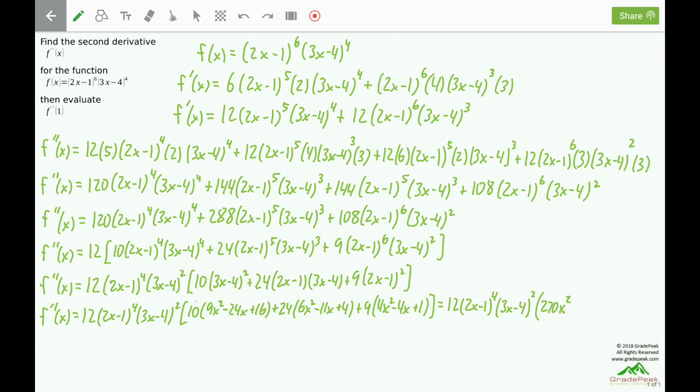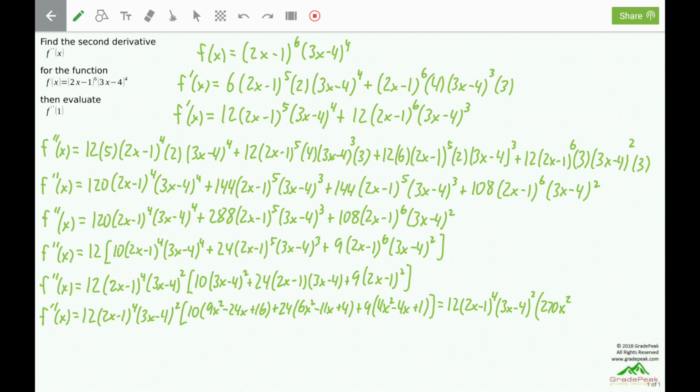We have a 10 times negative 24x, a 24 times negative 11x, and a 9 times negative 4x. And 10 times negative 24 is negative 240. 24 times negative 11 is negative 264.